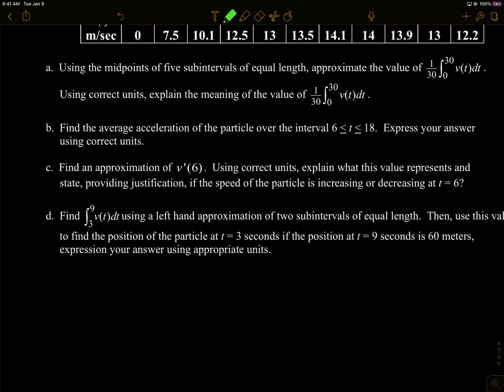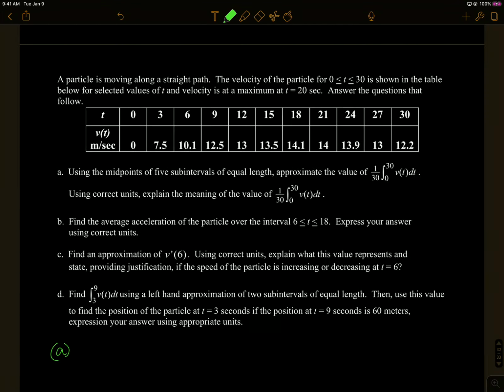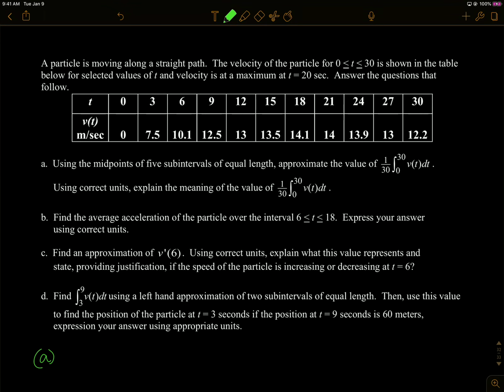All right, so we're going to use the midpoints of 5 sub-intervals to approximate that value. So we're doing midpoint, so we're going to skip over that first one. These should all be midpoints and of equal width, which they are.